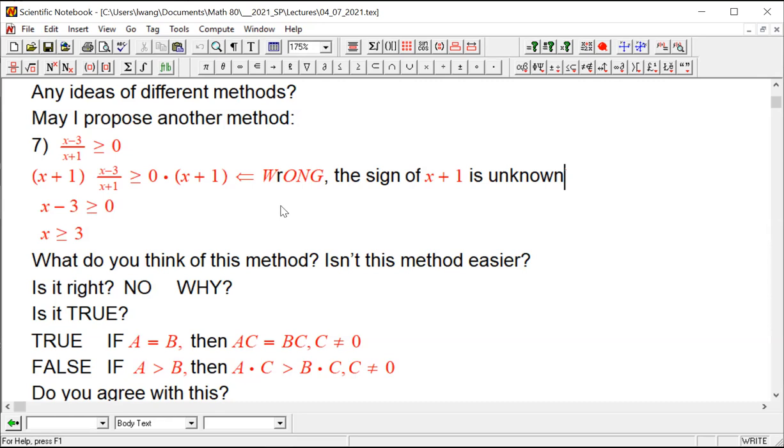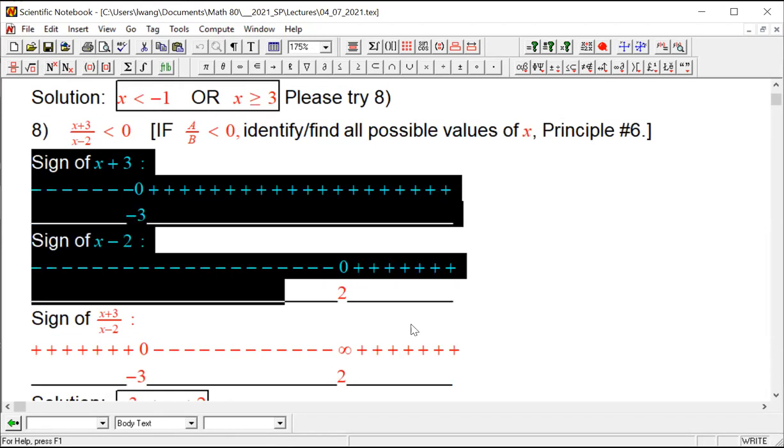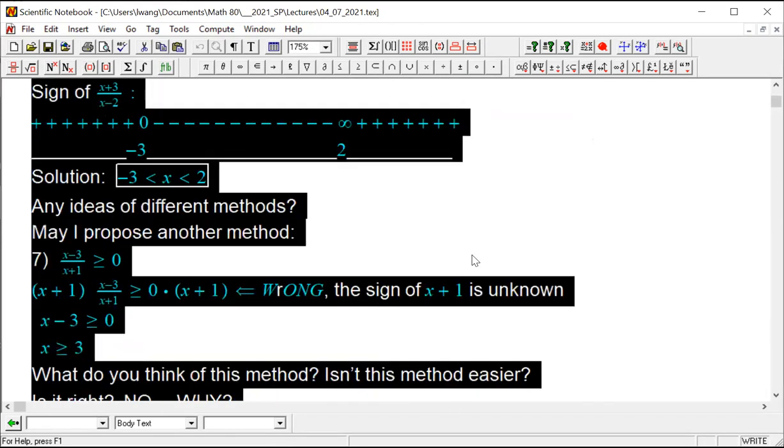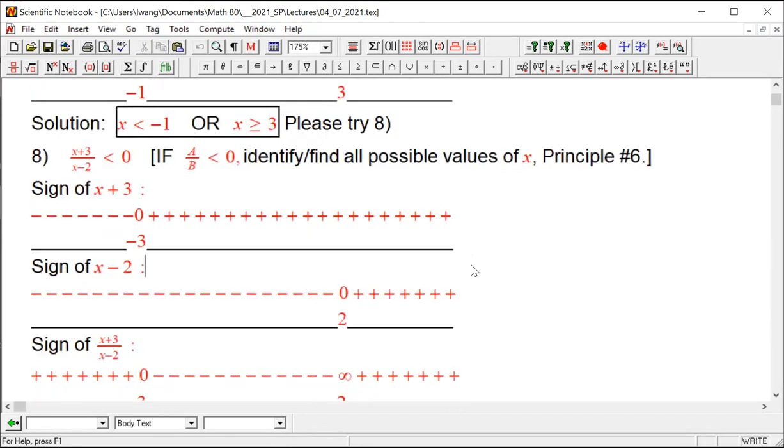And I'm not going to talk about that 2 cases method because I don't want to make it more complicated for you. I want you to use the method we just talked about. Does everybody follow me? You know why it's wrong, right? Why didn't I use the easier method? Because that method is wrong.